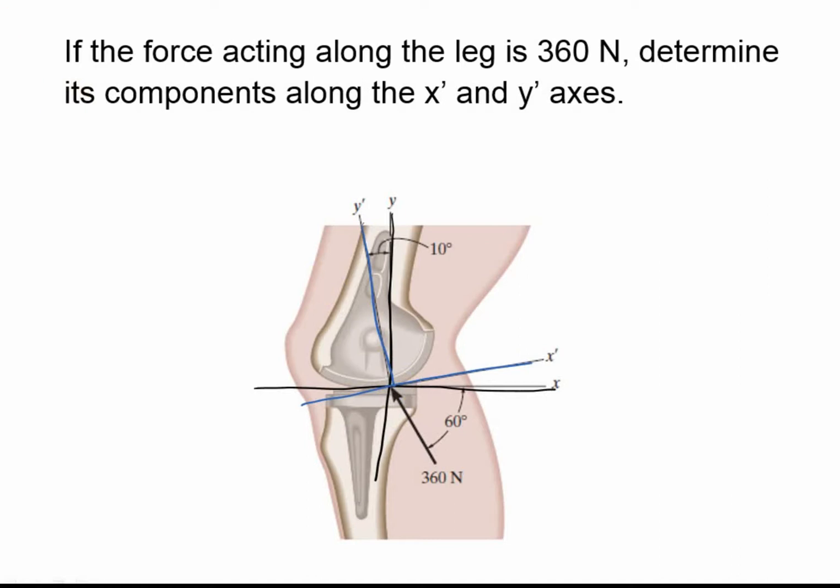And then our force vector is here. Since this is 10 degrees, I know that this is 10 degrees. Then this is a 60, so I know that this should be 60 as well.